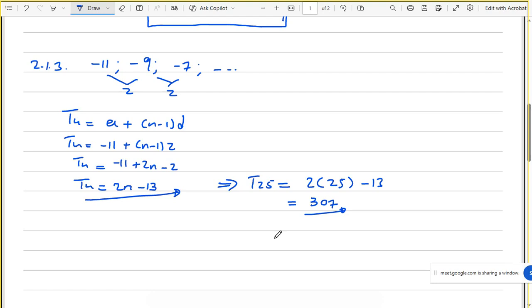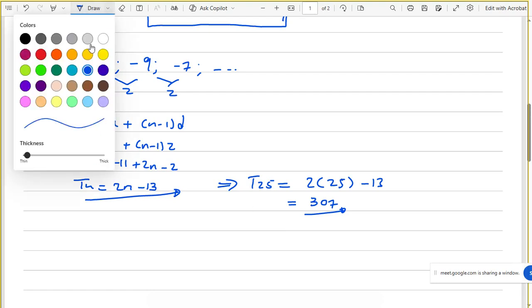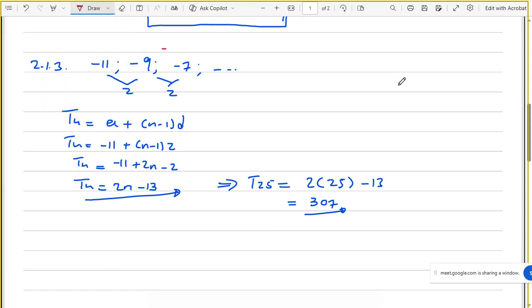Don't we substitute it into the quadratic equation that we got, and then as well as the T26, and we know that our n is 26. We substitute it into the quadratic equation we got, and then we'll get 307 and 344. So we know that T25 minus T26 will be 307 minus 344, and it will give us negative 37 as the difference. I'm not sure, but I'm just asking.